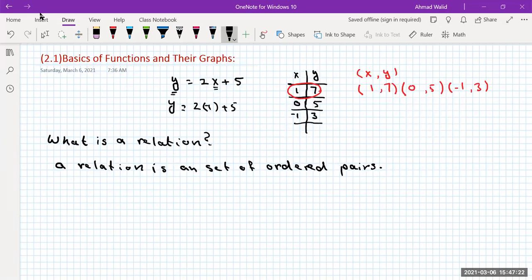Now, in any relation, in any set, there are two elements or two components, right? For example, if I name it generally x, y, each one of them I call a component of this set. Correct? This one is a component, or both of them, I can say components.